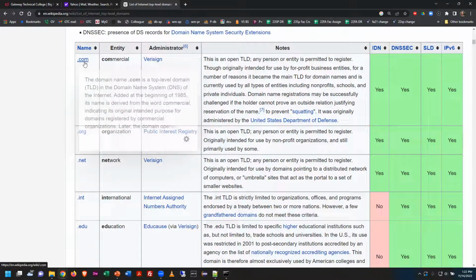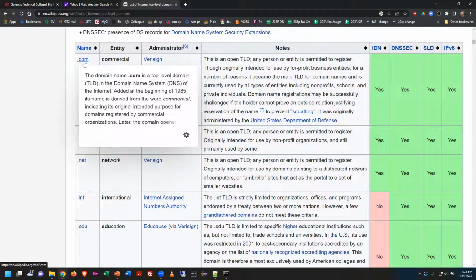And so a lot of ideal names for a business with a .com extension just don't exist. So if you were Joe's Burgers and you were looking up joesburgers.com, chances are it's probably taken with a real high degree of certainty.